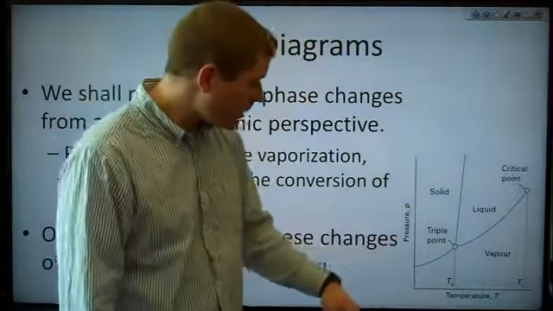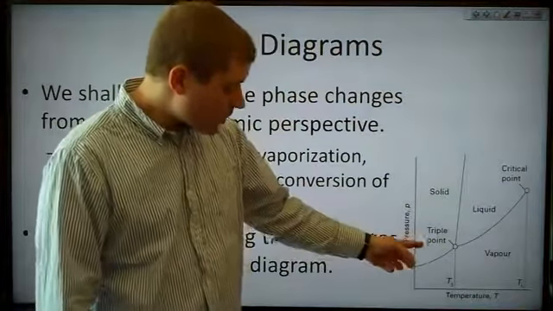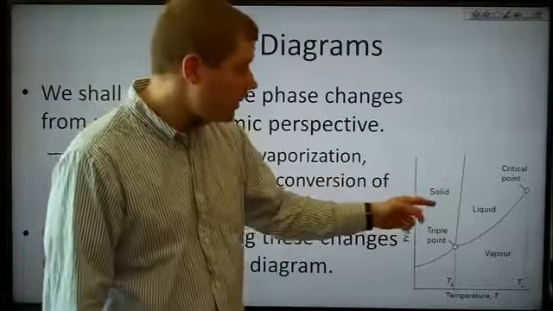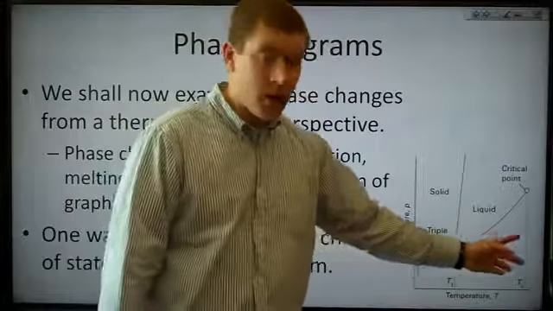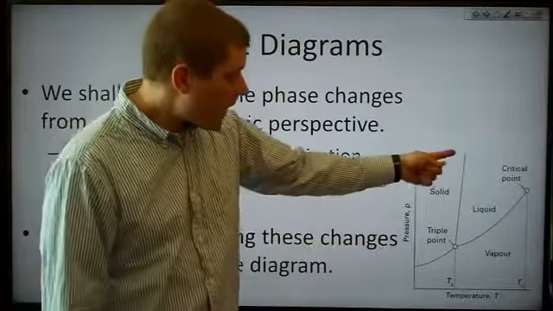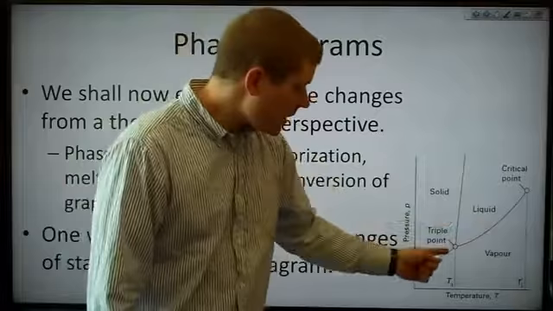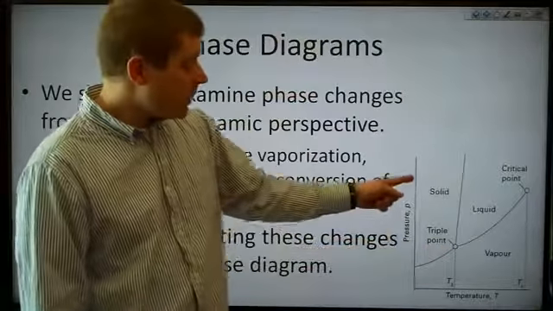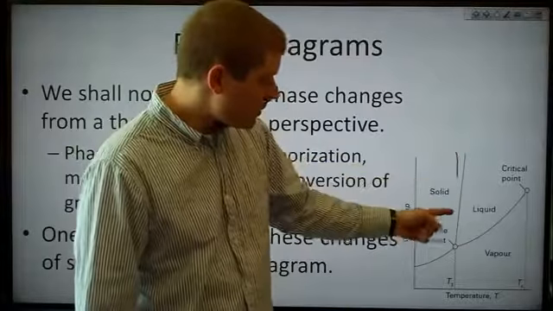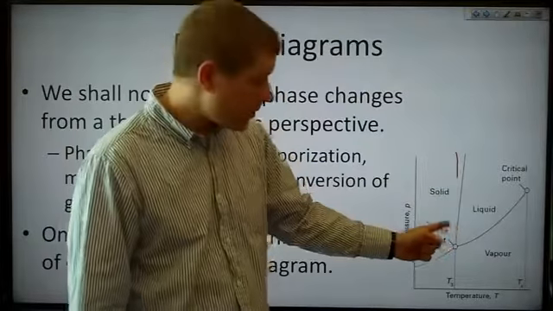We've got the critical point, the triple point. We've got an area here that is solid. We've got an area there that's liquid. We've got an area down here that is vapor or the gas phase. And the lines represent equilibria between the two phases on either side. So this line represents the solid-liquid equilibrium line.